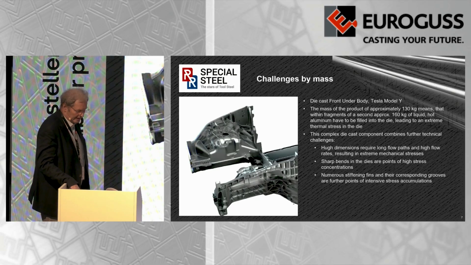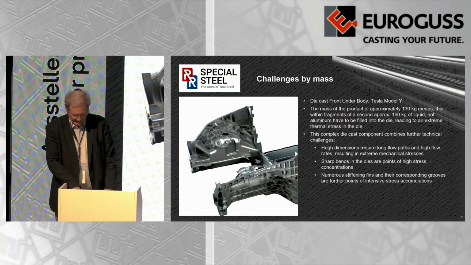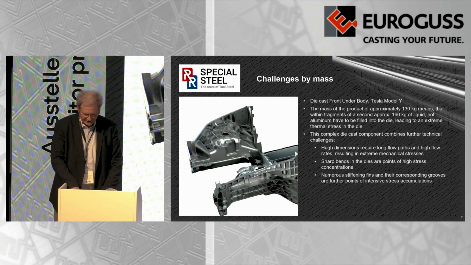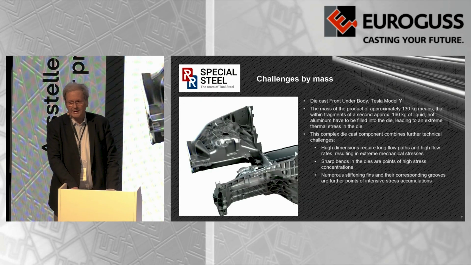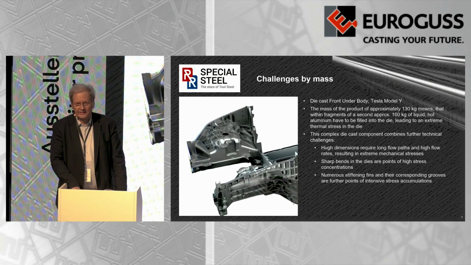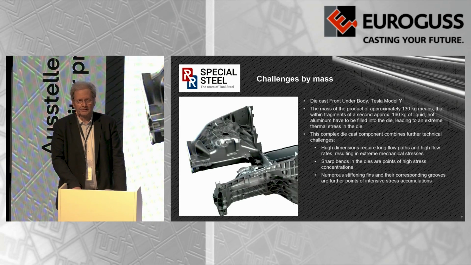The mass of these large castings also are a great challenge for the die. Here we see a die-cast underbody structure of a passenger car with a finished weight of approximately 130 kilogram, and that means a shot weight of approximately 160 kilogram.